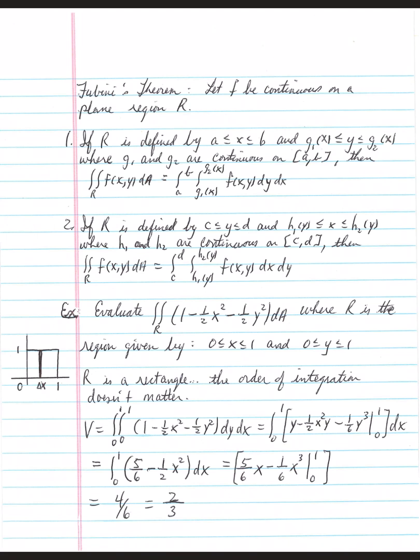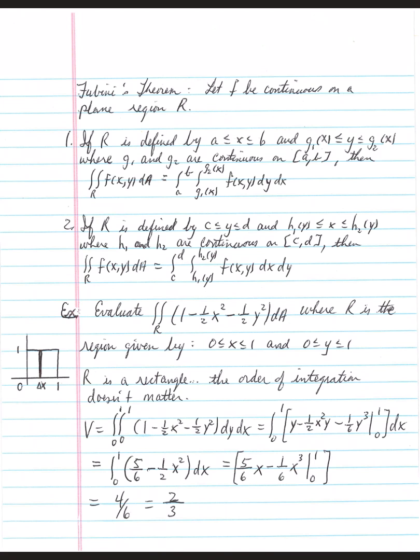If we turn that horizontally, where region R is defined by a y value between two constants, and x is trapped between a continuous function on the left and a continuous function on the right, where h sub 1 and h sub 2 are continuous on our interval from c to d, then we can reorder and integrate with respect to x first, h1 on bottom, h2 on top for our lower and upper integral limits, and then our y variable, which runs from c to d.